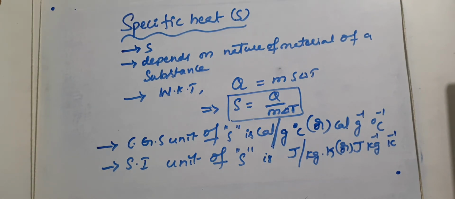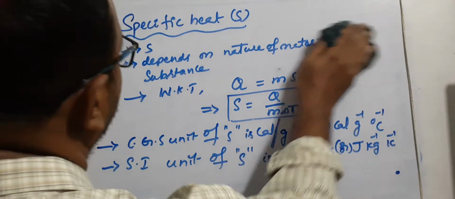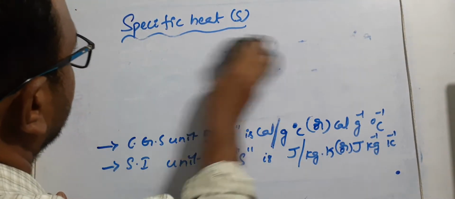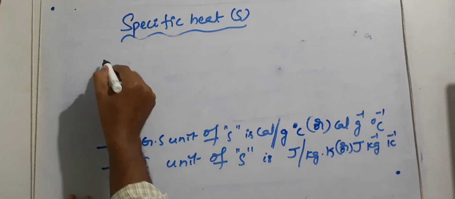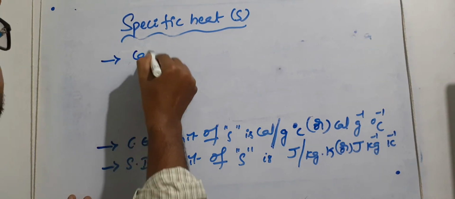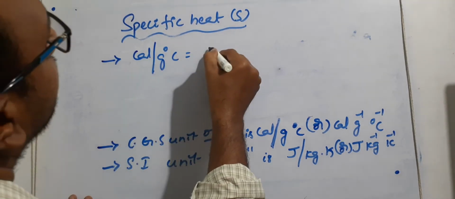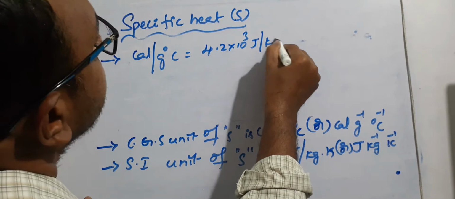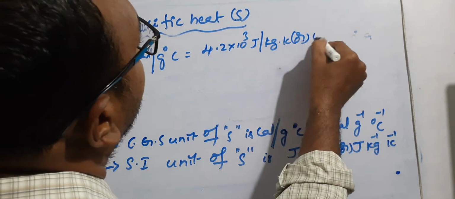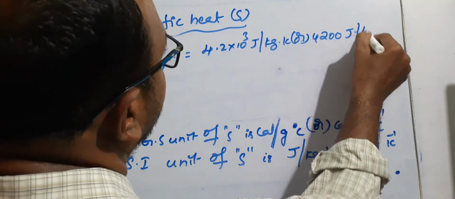So the relation between the CGS unit of specific heat and the SI unit of specific heat is: 1 calorie per gram degree Celsius is equal to 4.2 into 10 cubed joule per kg Kelvin, or 4200 joule per kg Kelvin.